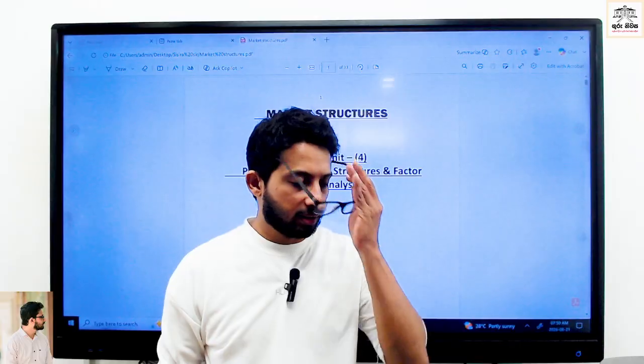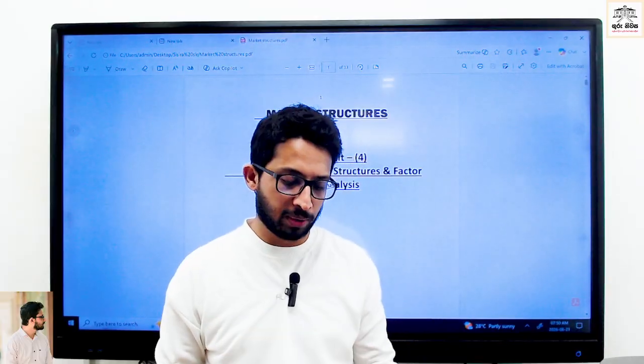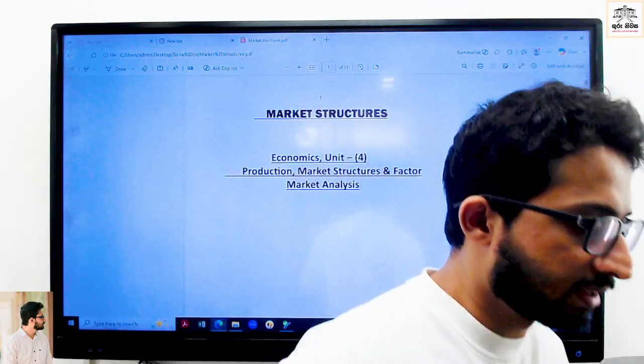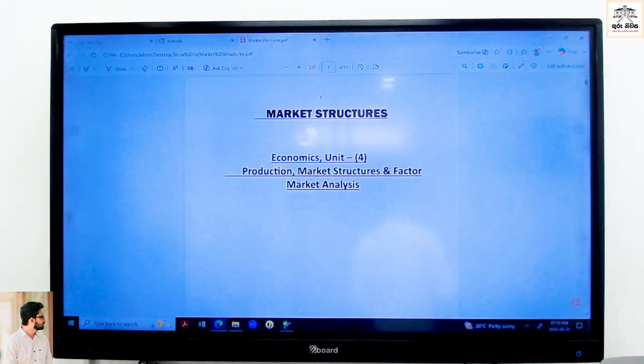Dipna, any idea what is meant by monopoly market structure? What are the main characteristics? When you hear this word, what comes to your mind instantly? Only one seller in the market. And then we discussed that the product is very unique because there are no close substitutes at all.